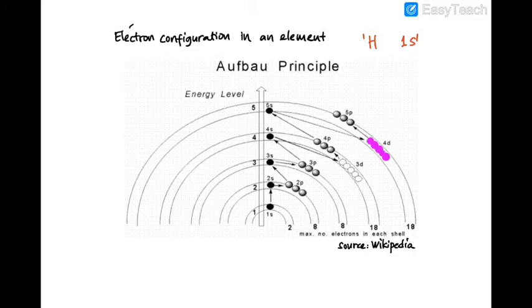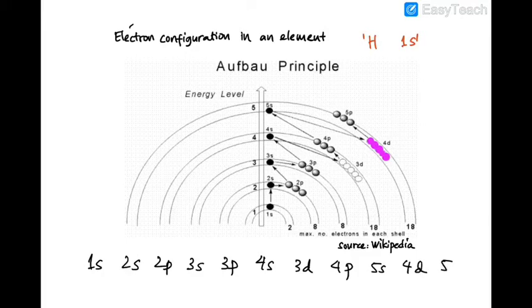So it goes 1s, and then 2s, and then 2p, and then 3s, and then 3p. But before we move to 3d, actually 4s has lower energy than that. Then 3d, 4p, 5s, 4d, and 5p. So this is the sequence of filling in electrons.